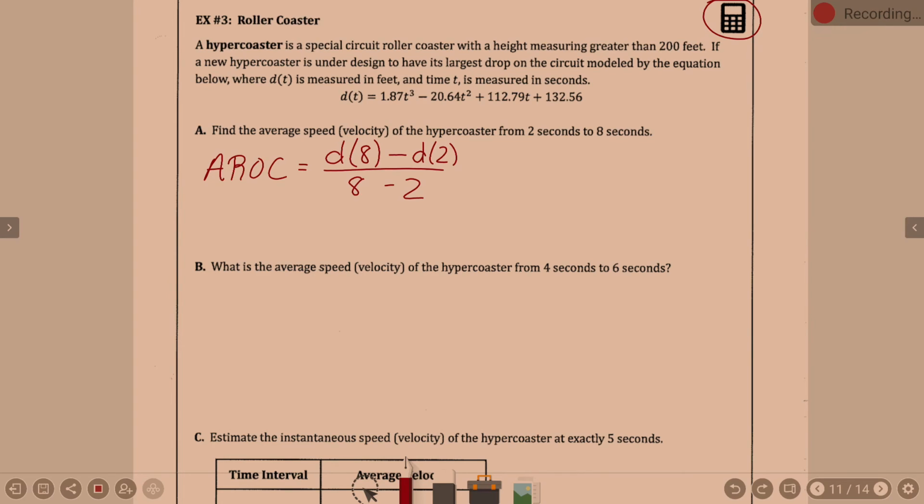Like right there, that's what I get when I plug in 8. Now if I want, I can just change all those 8s to 2s. Do I run the risk of making a mistake here? Oh yeah.